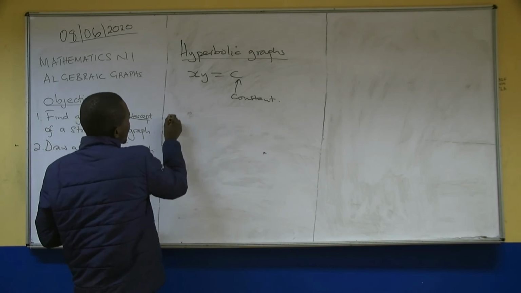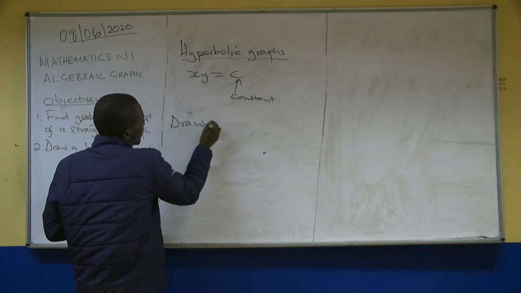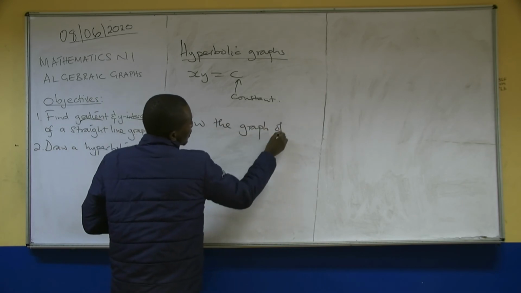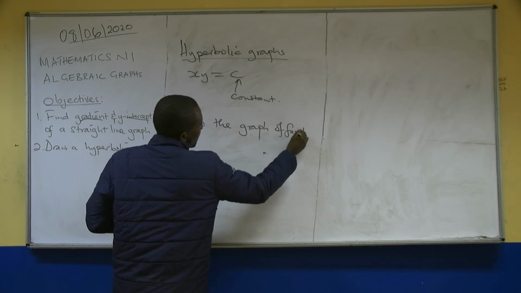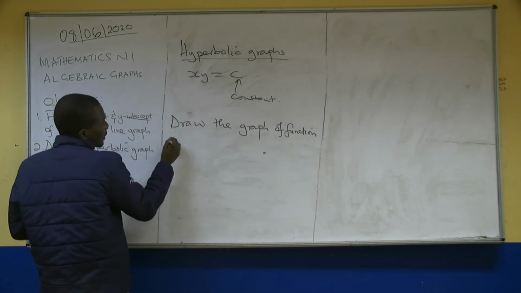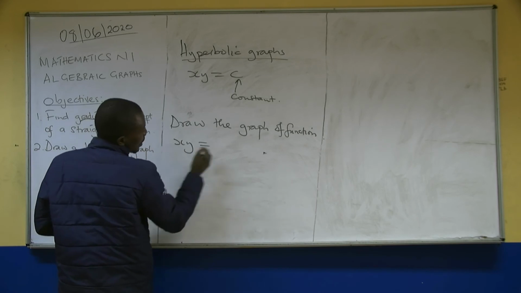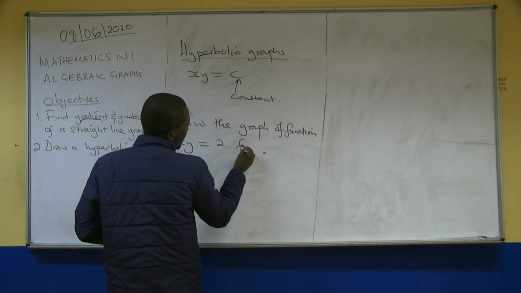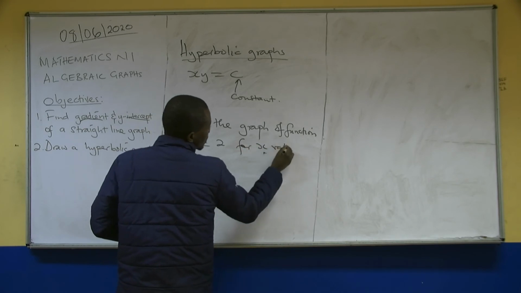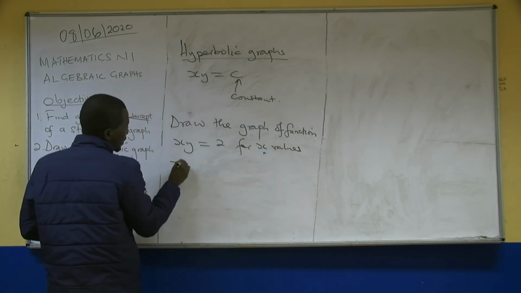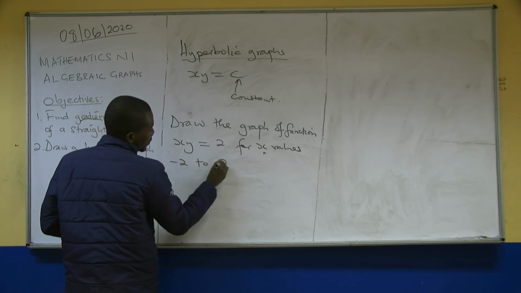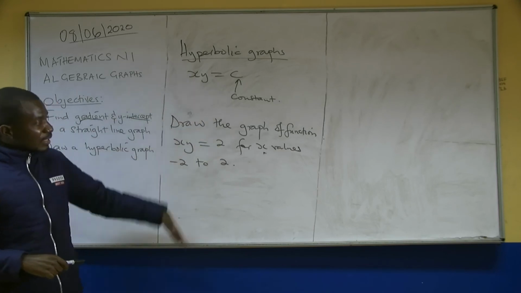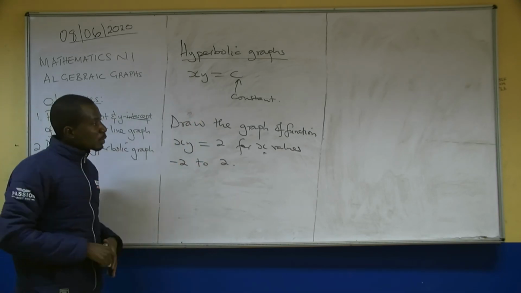So if I am to give you a question, a typical examination question would say, draw the graph of function xy is equal to 2 for x values minus 2 to 2.